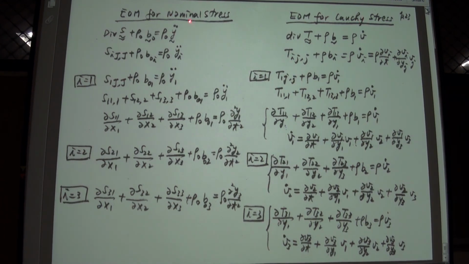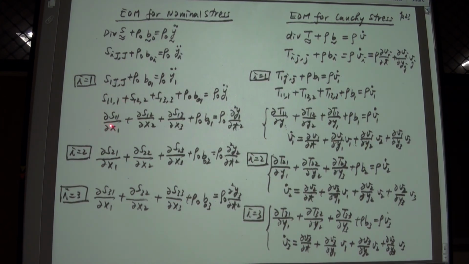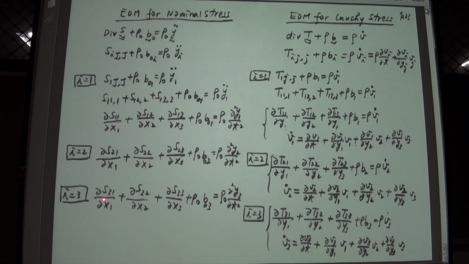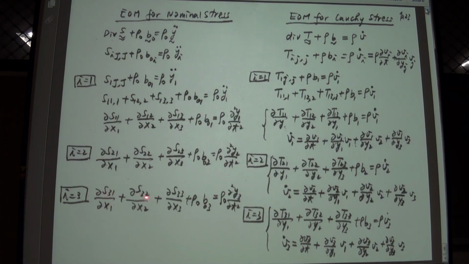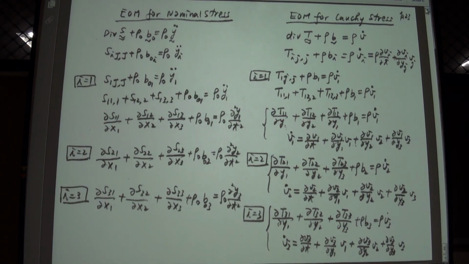How about the nominal stress S? We have a similar thing: the x1 direction equilibrium, x2 direction equilibrium, and x3 direction equilibrium. This one is expressed in terms of x1, x2, x3. This one is in terms of y1, y2, y3.